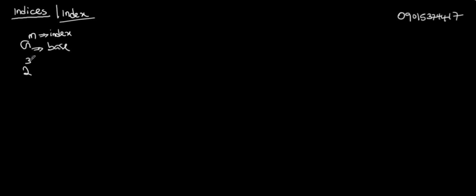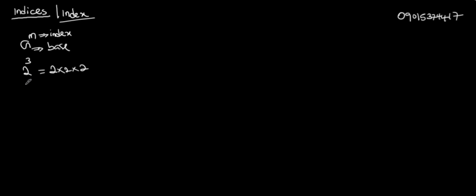So 3 is telling us how many times the base 2 will multiply itself. So 2 raised to power 3 is the same thing as 2 times 2 times 2. So this number, which is the index, is telling us that 2 has to multiply itself 3 times.